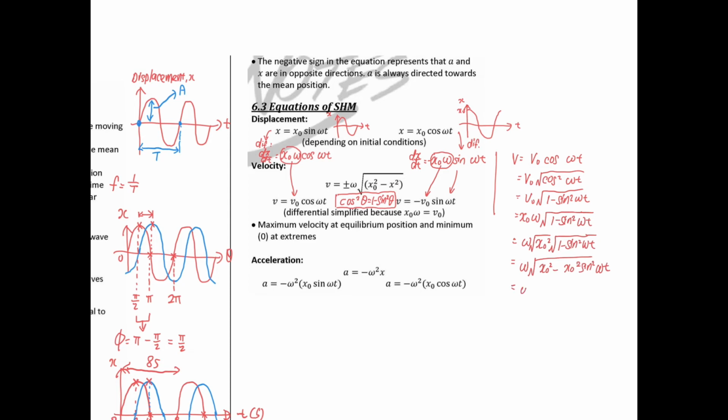As you can see here, x naught sine omega t is equal to x, so that changes x naught square sine square omega t into x square. After that, you will get x naught square minus x square. So that is v, and we get this equation.